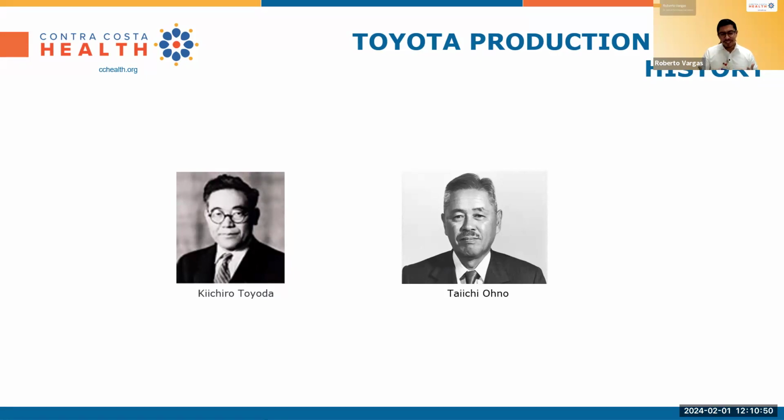Just a little fun history fact: Toyota, at one point in the early 1900s, was actually a loom manufacturing company, and Kiichiro became an engineering student and had opportunities to learn more about manufacturing from Europe as well as the United States, and was able to take those learnings and bring them back home to his family business. Kiichiro was actually the one who helped transition from a loom manufacturing company to an automotive company.